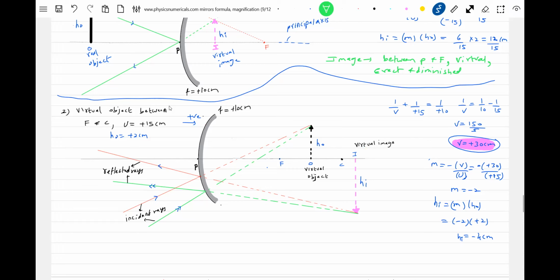Virtual object between F and C. What about the image? Image will be between F and C, virtual, inverted, and magnified. Agreed? This one.